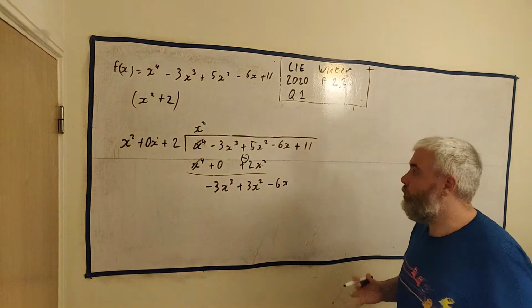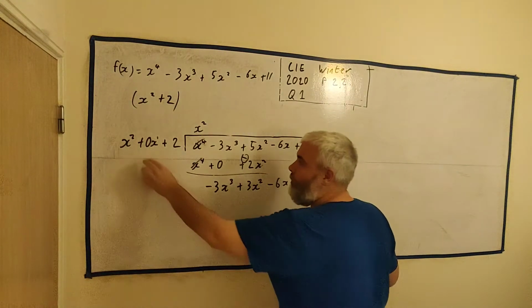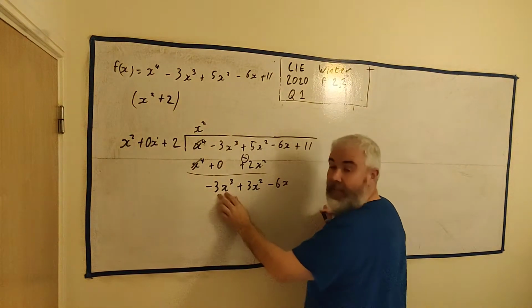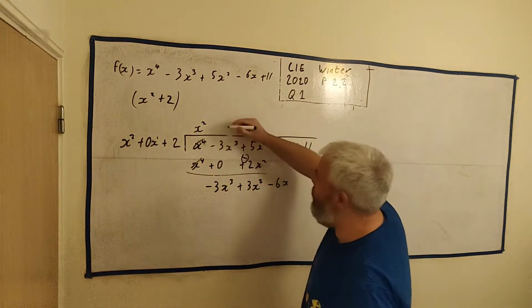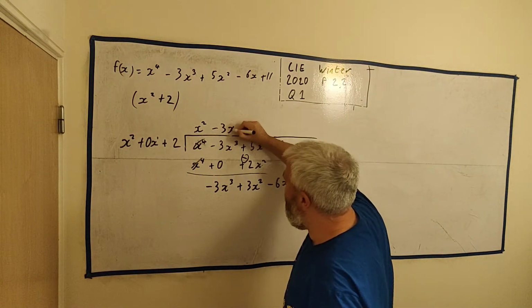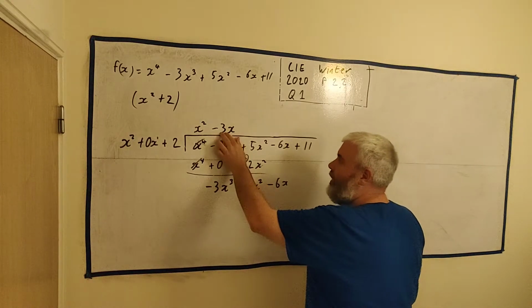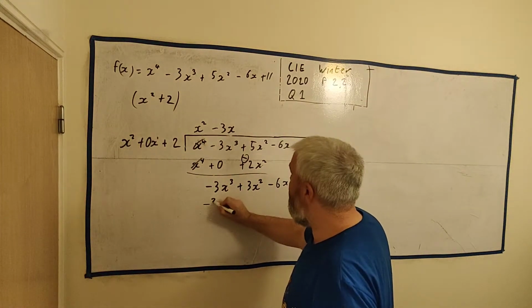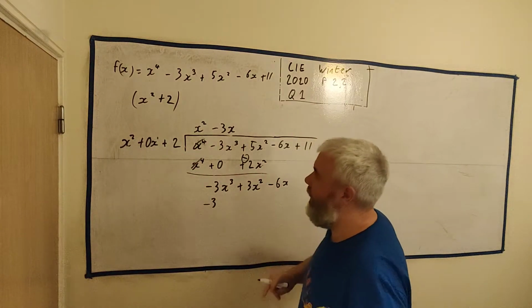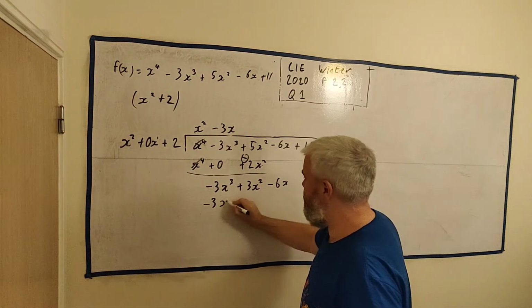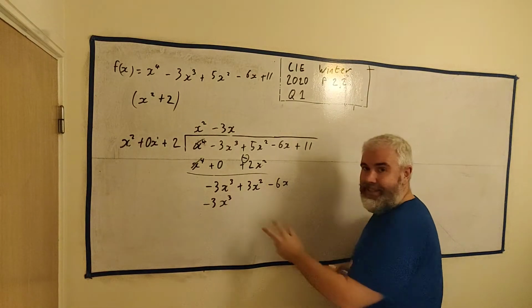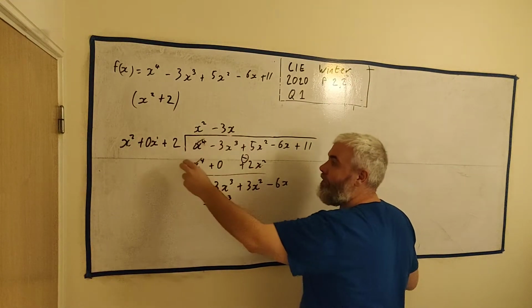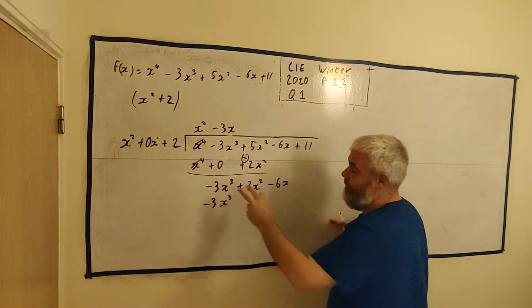And we start again. We just see what number I need to multiply this by to get this. This time it's going to be minus 3x. Let's double check that. Minus 3x times x squared comes out as minus 3x to the power of 3. Yeah, that's the same number. That's how many times this number divides into this one.